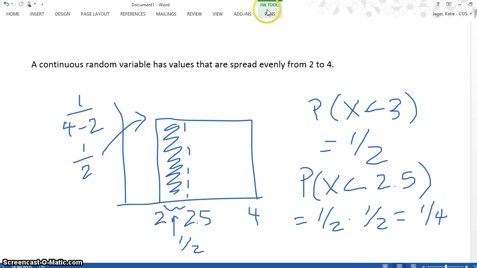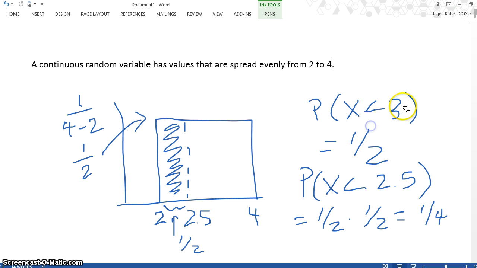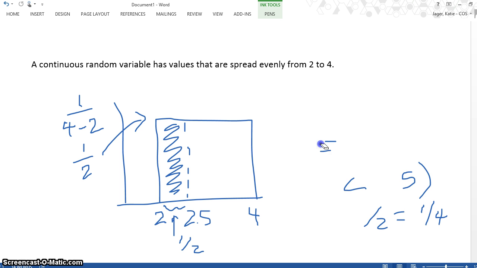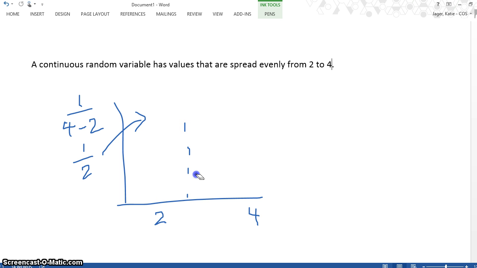Now let's do one more example. Let's erase the others really quick. Suppose I have an interval that I'm curious about. I got a little hasty there with my erasing, didn't I?